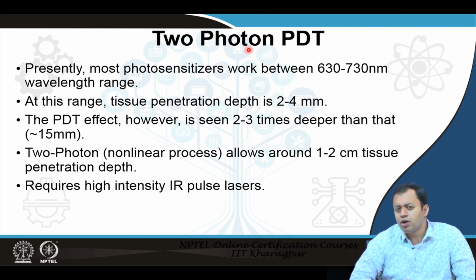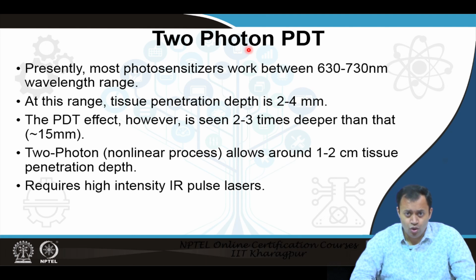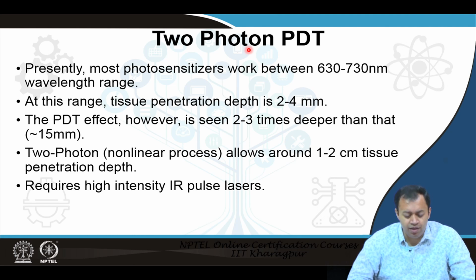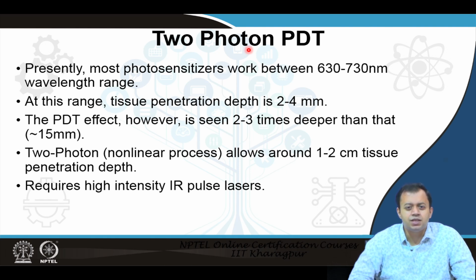Remember 2 photon microscopy and non-linearity, we discussed this: 2 photons come into the input and a third photon comes out into the output. Some sort of non-centrosymmetry happens. I am leaving it as an exercise to look into the non-linearity process in 2 photon PDT. This is a very interesting and emerging field.